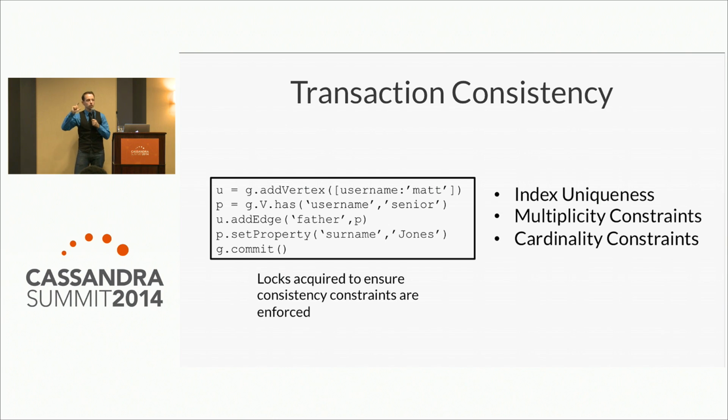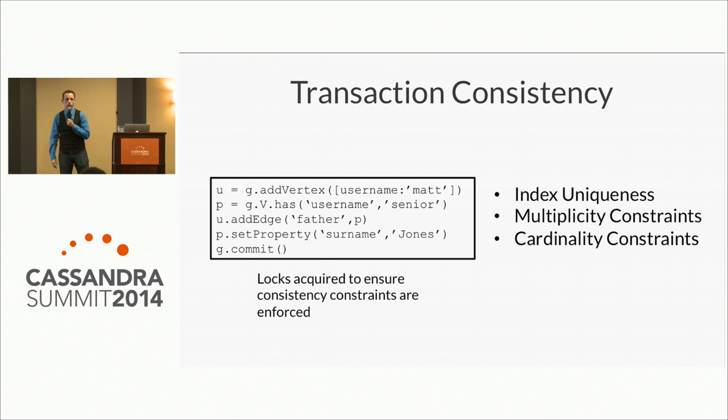But if you want to make sure that there are no conflicts, you can tell Titan, hey, ensure this using a lock. Titan's schema management API will allow you at runtime to add these consistency constraints. They will be propagated around the entire cluster, and then Titan will use a locking protocol inspired by the Astyanax one that the Netflix guy wrote, since extended, to do that. Yes, it's slow.